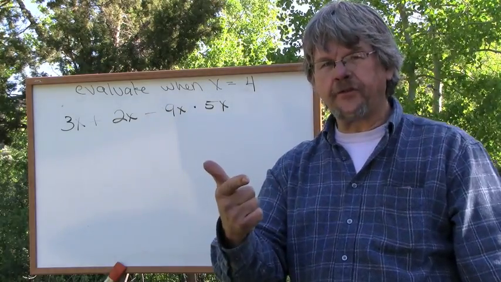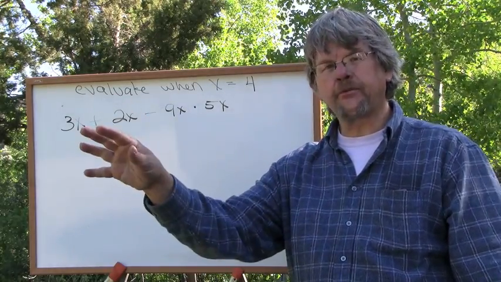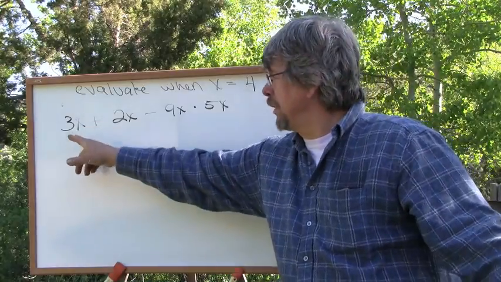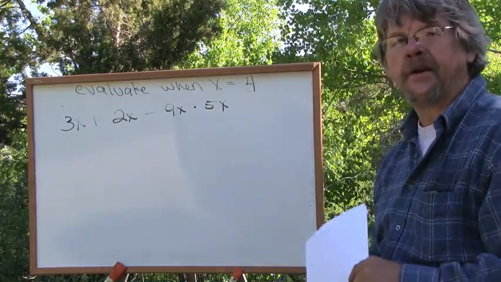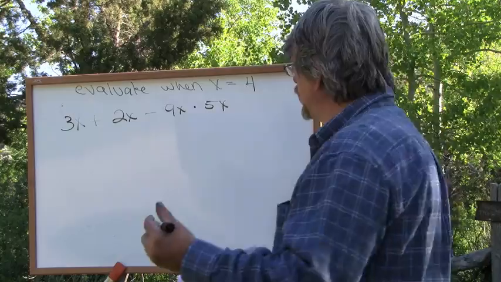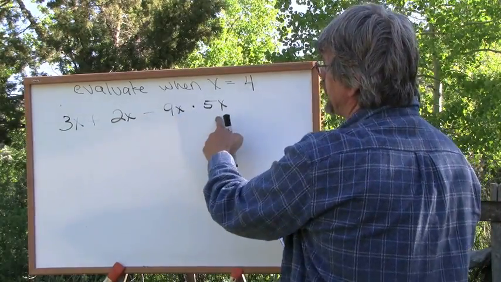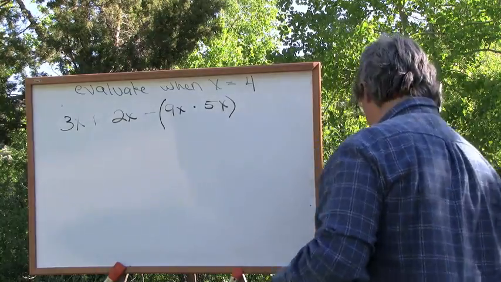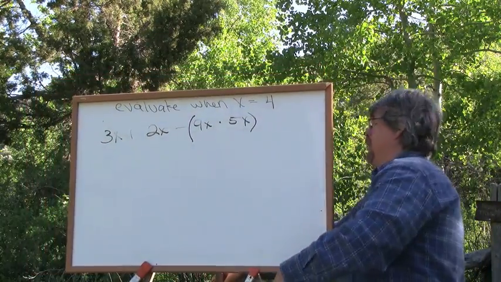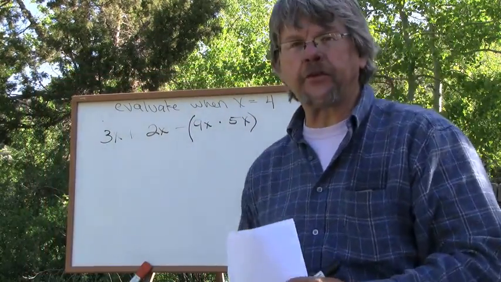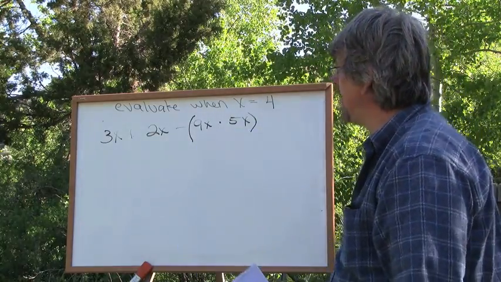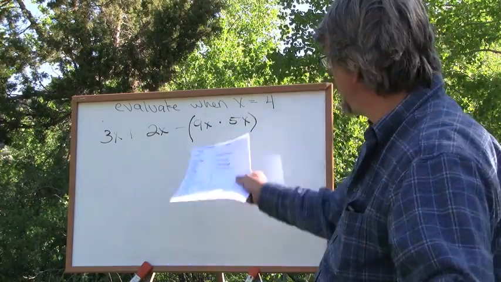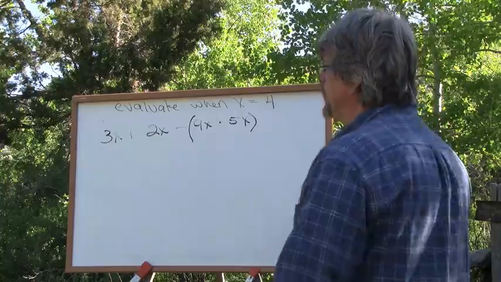Multiplication and division first, adding and subtracting last. We go from left to right, but here's where your parentheses are your friends. We have a multiplication right here, so put the parenthesis around that multiplication every time. Now you know that's the first operation you do.